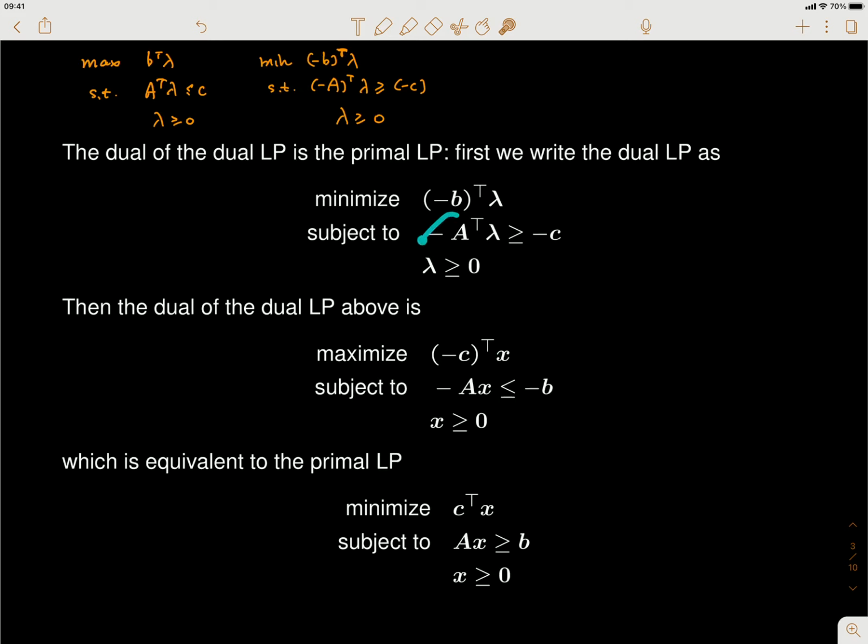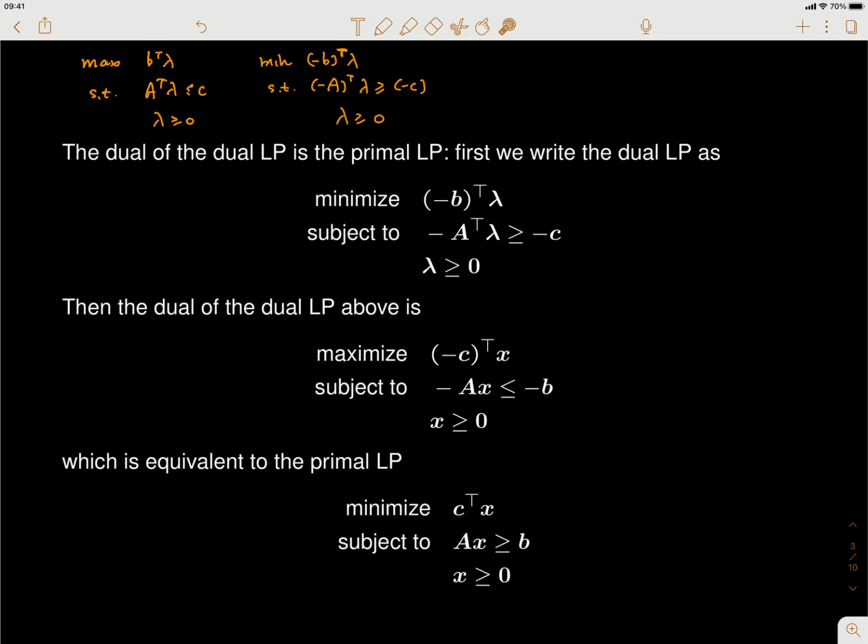Here I'm going to take the transpose of this, that becomes negative A. Now I have this, and I'm going to switch this inequality into this, and x is greater than or equal to 0. So if I write my primal problem in this way, then the dual problem will be that.